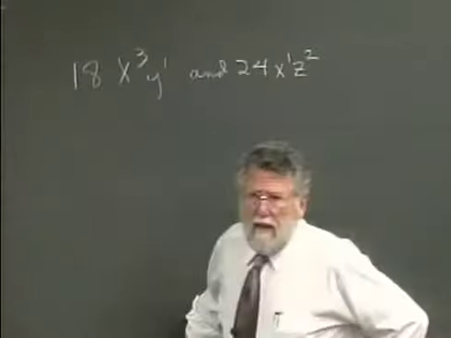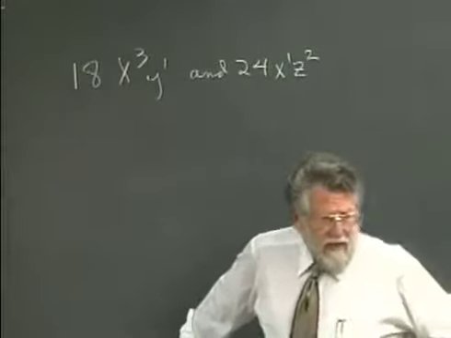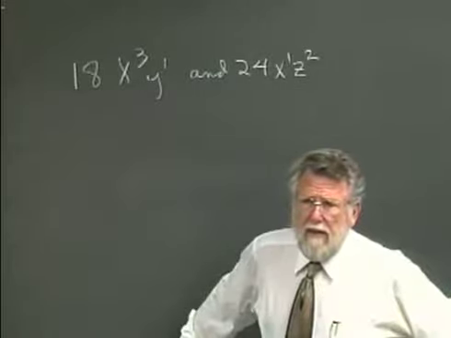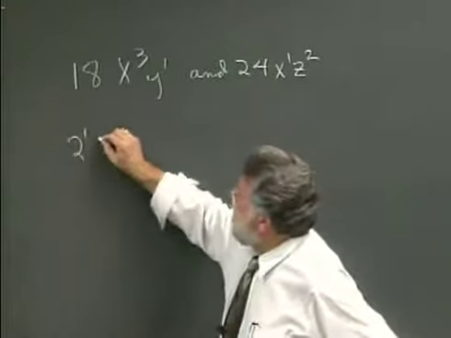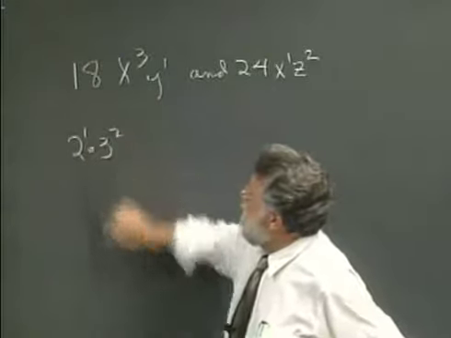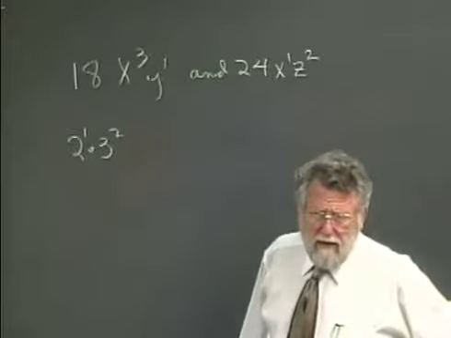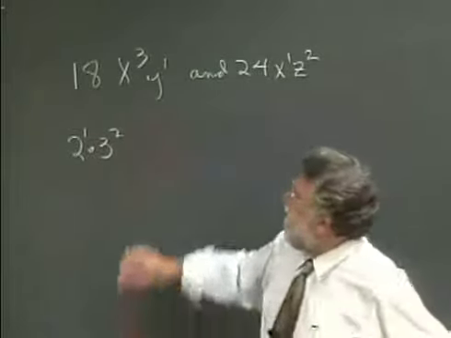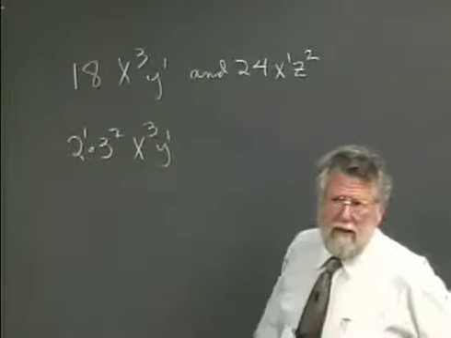Now I want to find an LCM, just like it would be an LCD. So I'm going to write the 18 as 2 to the first, 3 to the second. And I'm hoping we're at the point where you can do that in your head. 18 is 2 times 9. 9 is 3 squared. And then I have here x to the third, y to the first.